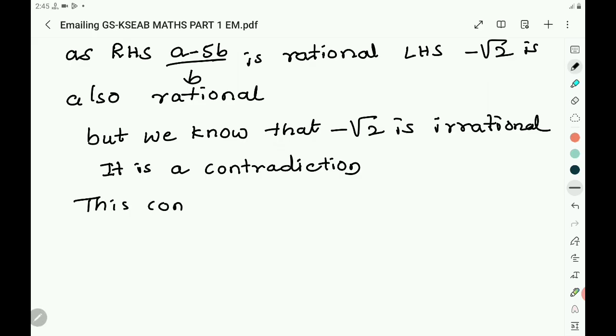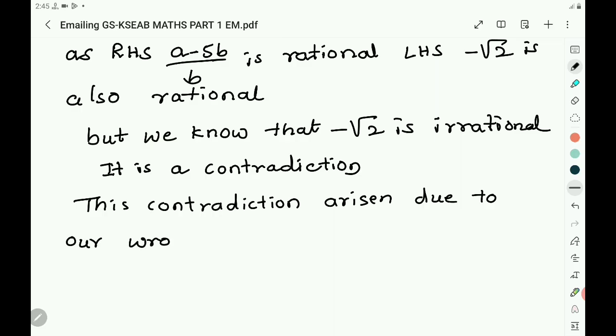This contradiction arises due to our wrong assumption that 5 minus root 2 is rational.